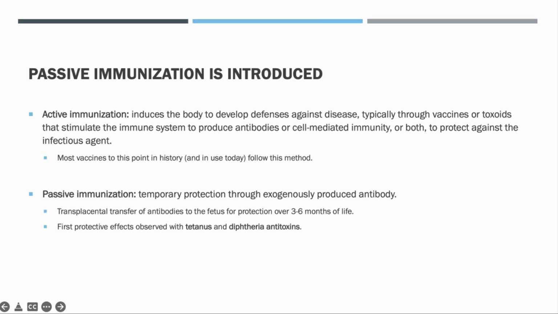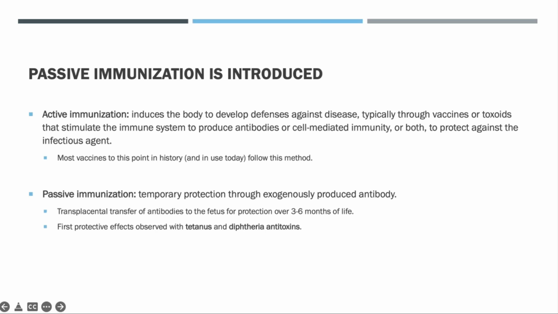Passive immunization is distinguished in that the protection is through an exogenously produced antibody. We're familiar with this in terms of transplacental transfer of antibodies from a mother to a fetus that provide protection for the first 3 to 6 months of life.